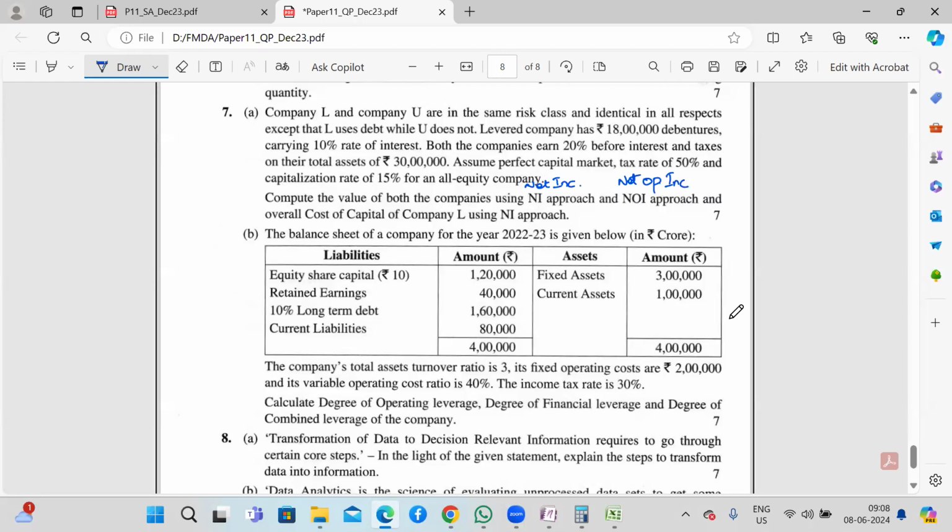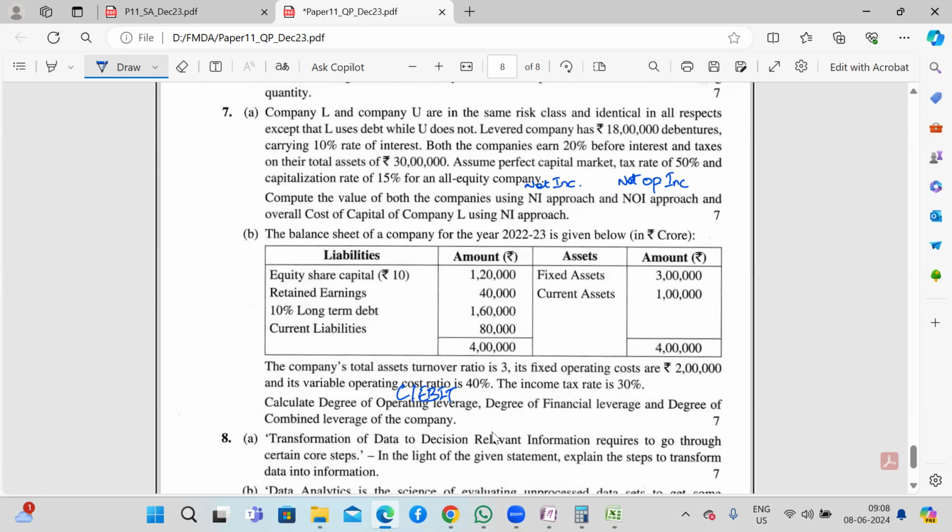So 7B. So this is also a very easy question. So they have asked calculate degree of operating leverage, financial leverage, degree of combined leverage. So if we know the formulas, we can easily score 7 marks in this question. So first, what is the formula for degree of operating leverage? That is contribution divided by EBIT.